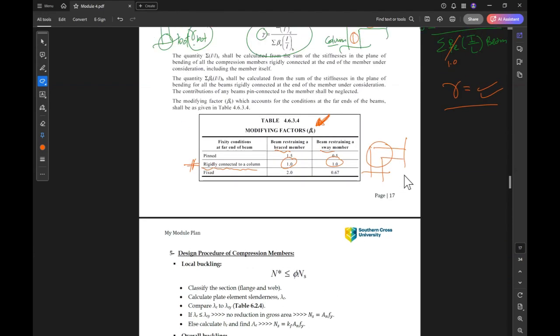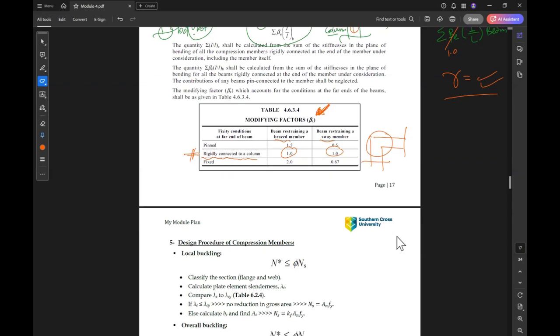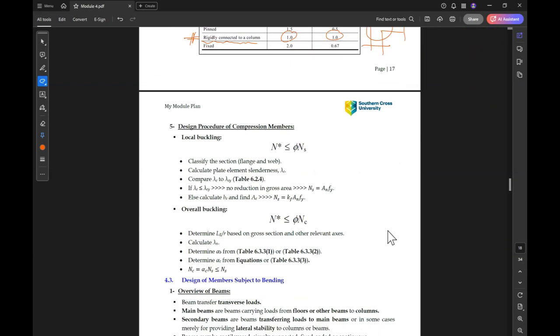Now, summarizing, we have finally these two: N star compared to phi Ns, and N star compared to phi Nc.